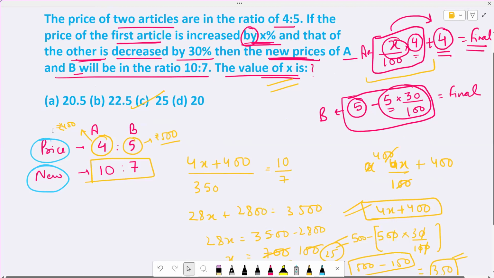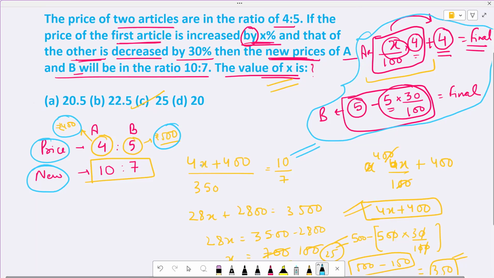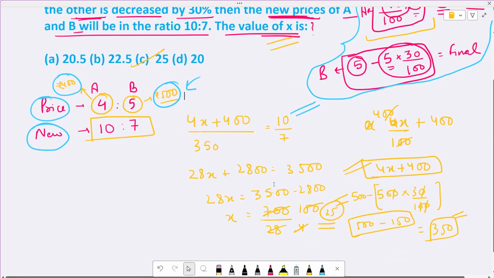So this is one way by which we can assume the amount and then solve further. I hope this particular part was understood, because this was the main part of this question: how do we do this, and that we have to assume the values and then correspond to the question. So this is one way of doing it.